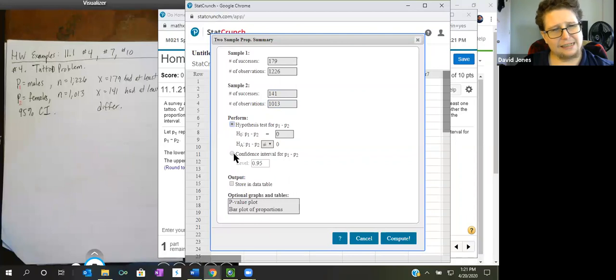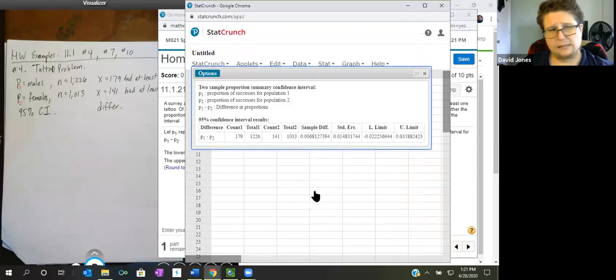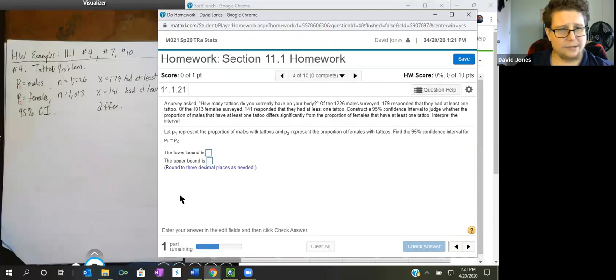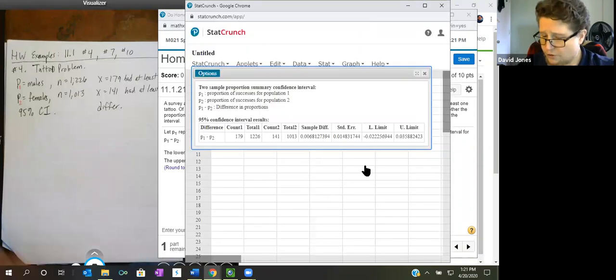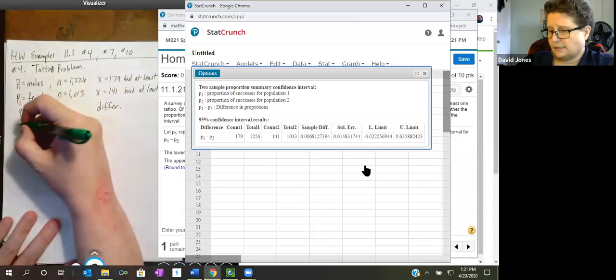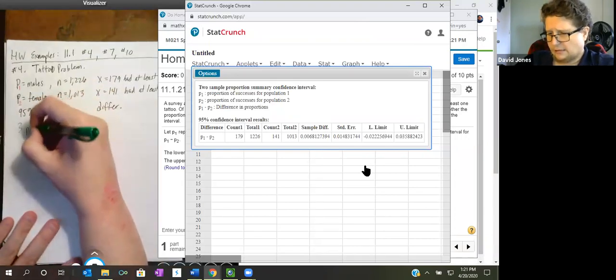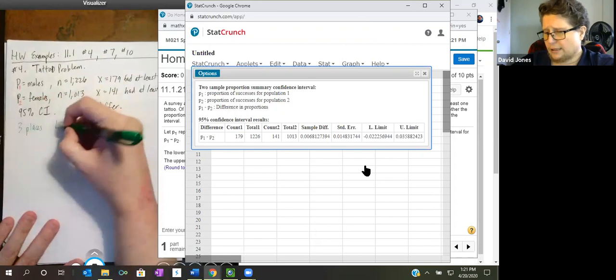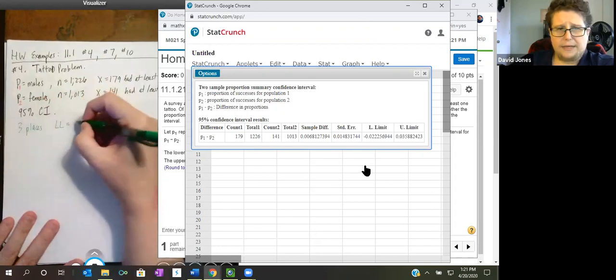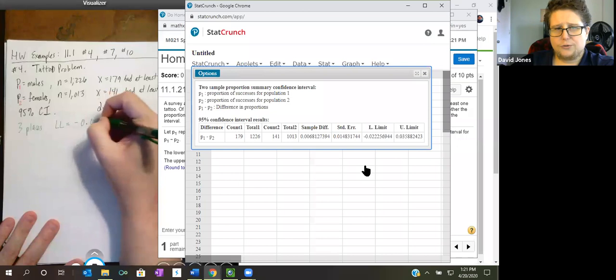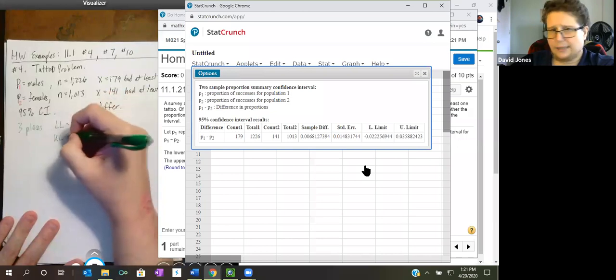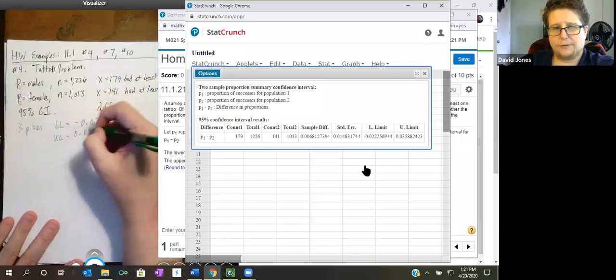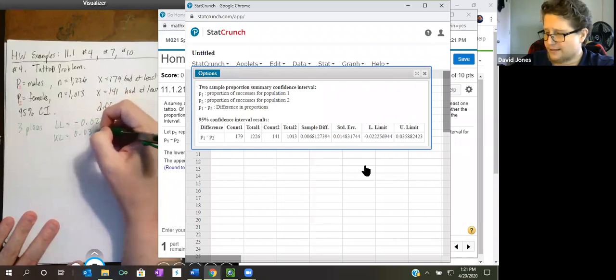Confidence interval, bam. So how many decimal places do they want? 3 decimal places. Let's bring that back up. So 3 decimal places. My lower limit is negative 0.022. My upper limit was 0.036, I got around to it.